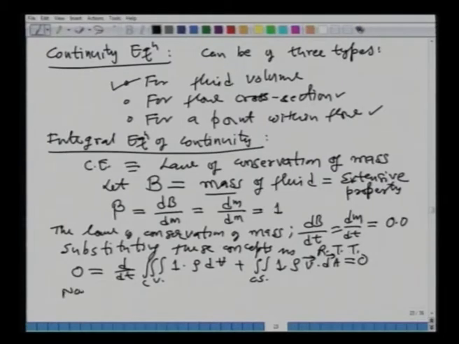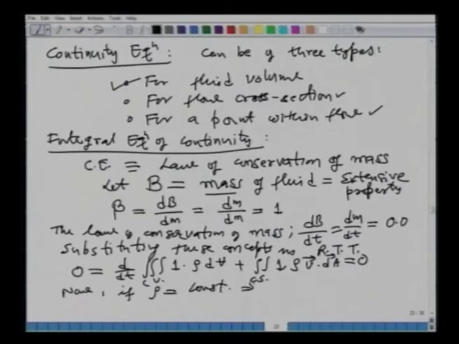Now, say that the density of the fluid when the fluid flow is taking place is constant. If we make that assumption, that is to say we are saying that the flow is incompressible, that is, there are no density differences during the flow motion. So, under the assumption of incompressible flow, rho will drop out of this equation because rho becomes a constant and we can take it out of the integral.